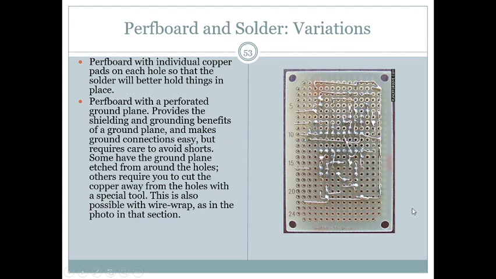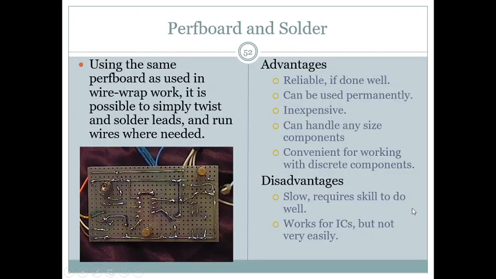Different variations can be there. In this one, you don't have any connectors, but you have pads. Circular pads are there, so you can solder the components onto the pads first before you make the rest of the connection. So this is more firm than this one, because here you don't have a pad.